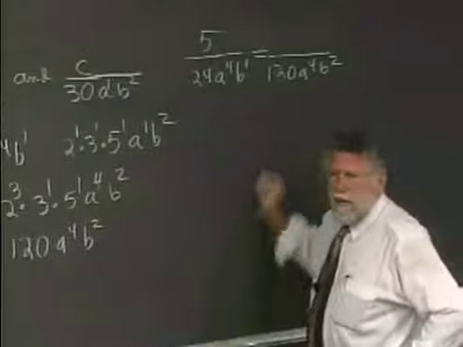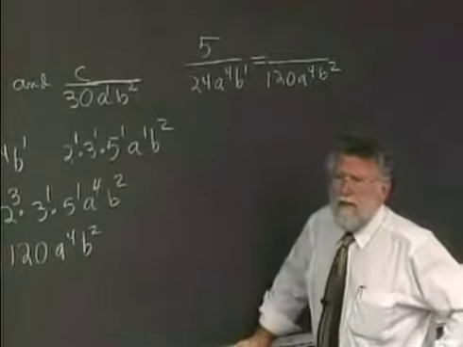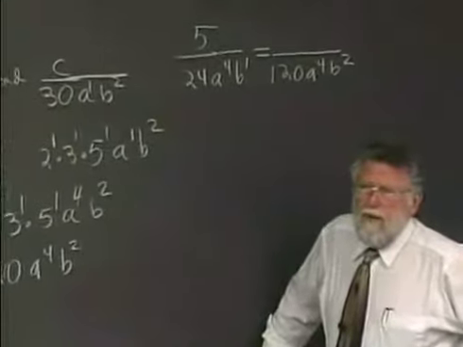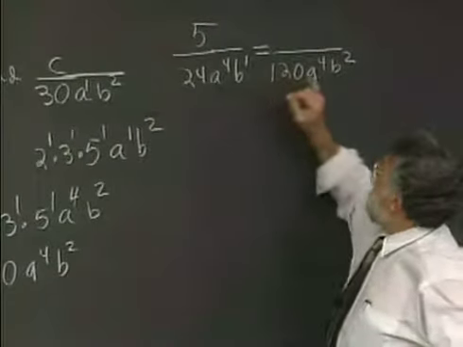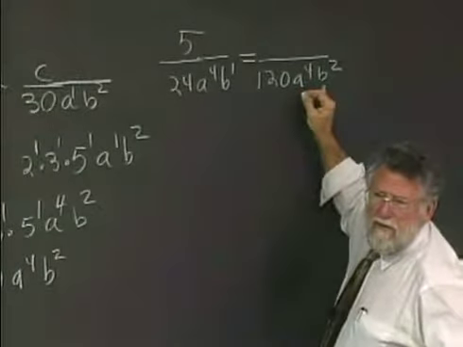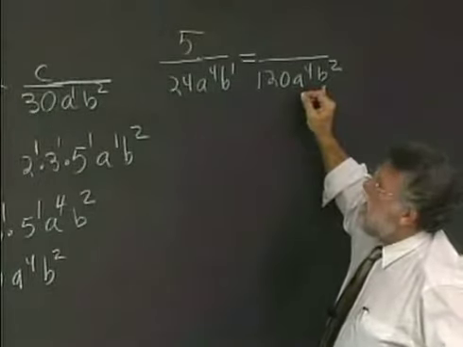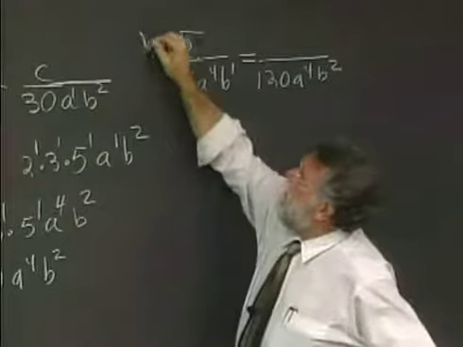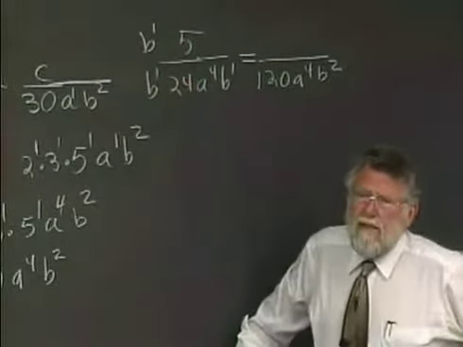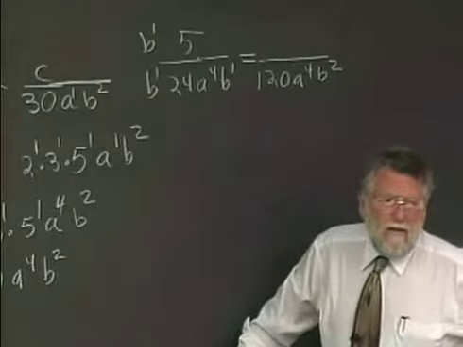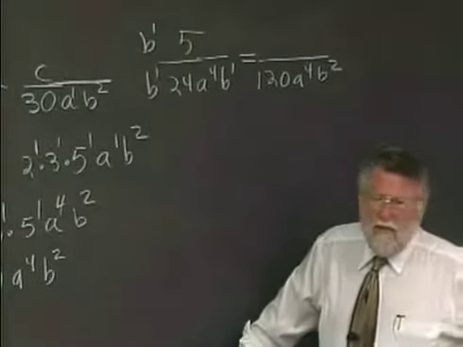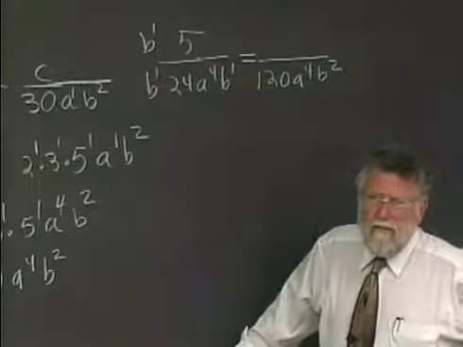It's clear we have A to the fourth here, A to the fourth here. If we just multiplied by B to the first, we'd have B to the second. So I hope it's clear that I'm going to multiply by a B to the first and a B to the first. And now I need to take that 24 and make it what? A 120. So how many times will 24 go into 120?